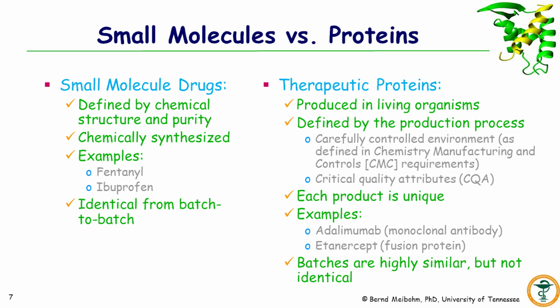They are chemically synthesized. Examples are fentanyl and ibuprofen, and they are identical from batch to batch. Since they are batch-wise produced and synthesized, these batches, if we compare them, are completely identical with regard to structure and purity.